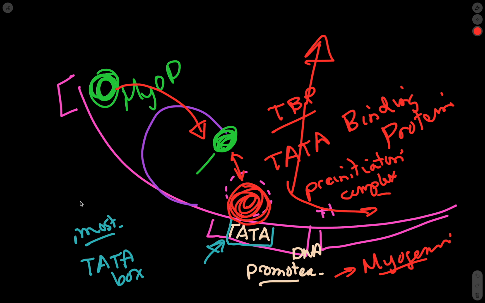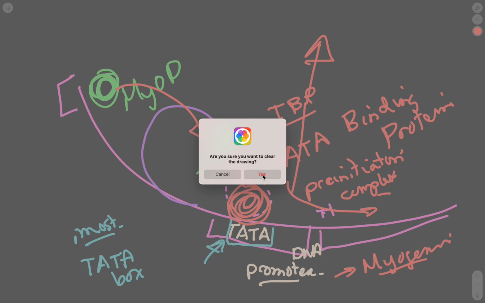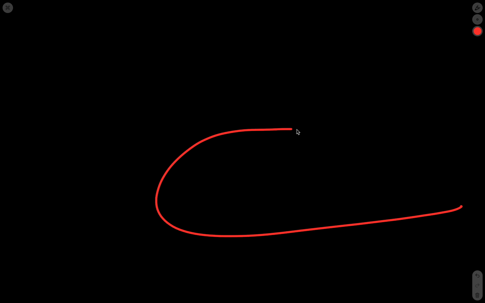So what we're saying here is sort of like this, is that before, so here's some DNA, it's going to be folded like that, and there's the enhancer for MyoD, and there's the promoter with the Tata box.